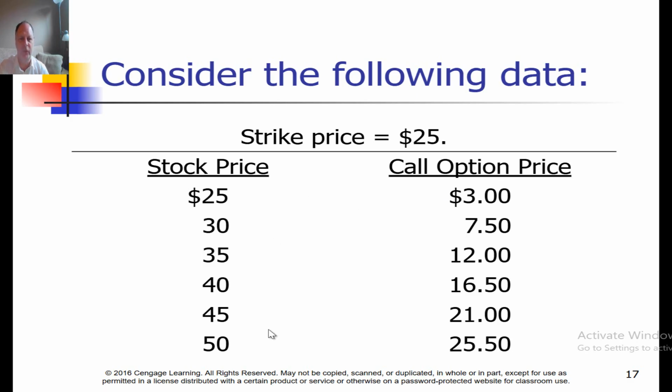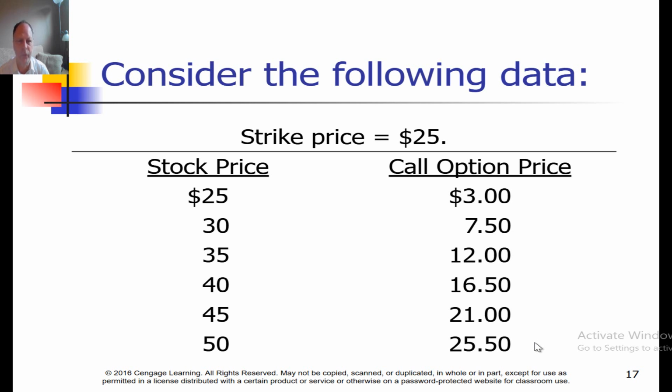As the stock price increases, the intrinsic value increases and the call option value increases. Here we have $3 in time value. Here you have 50 minus 25, or $25, in intrinsic value, so you're only left with 50 cents as time value.